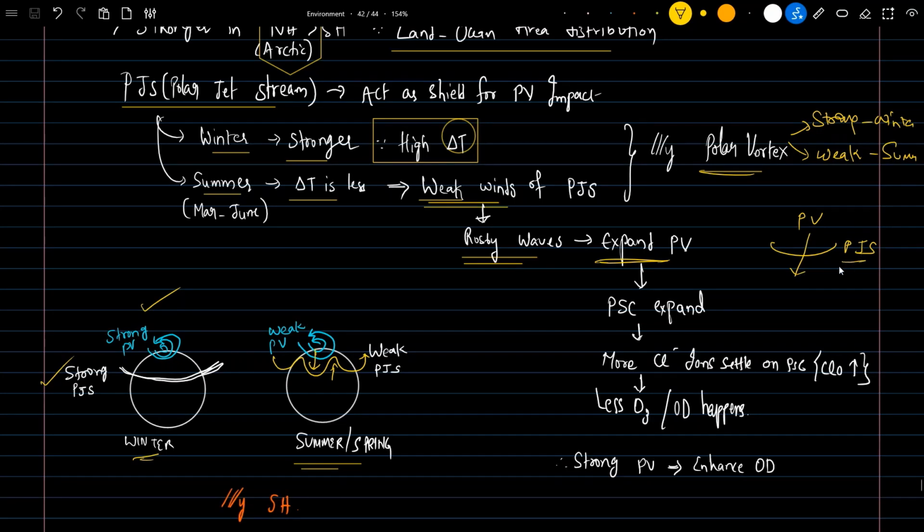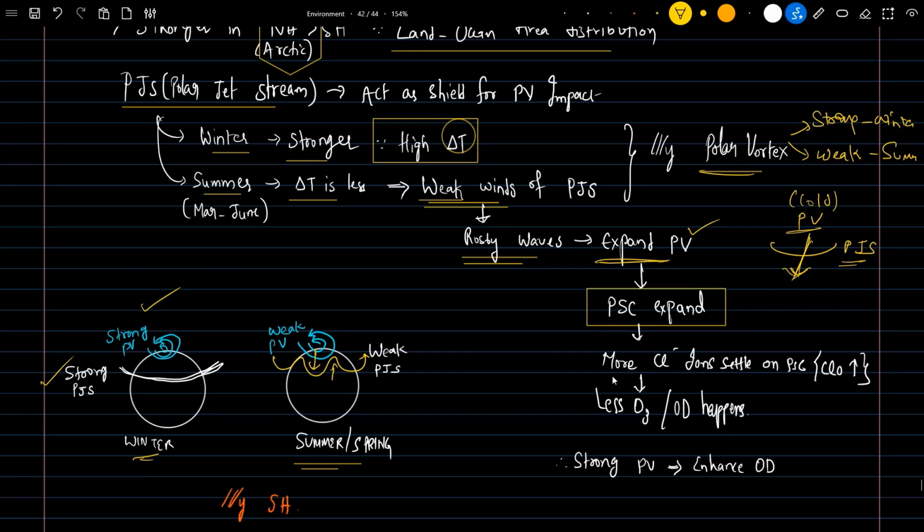Whenever this polar jet stream is weak, the polar vortex enters. Also understand that the polar vortex contains cold air, so this cold air will be entering the northern parts of USA, Canada, Russia. The polar vortex will now be expanding because of the weak polar jet stream, so the PSC, the polar stratospheric cloud, will be expanding.